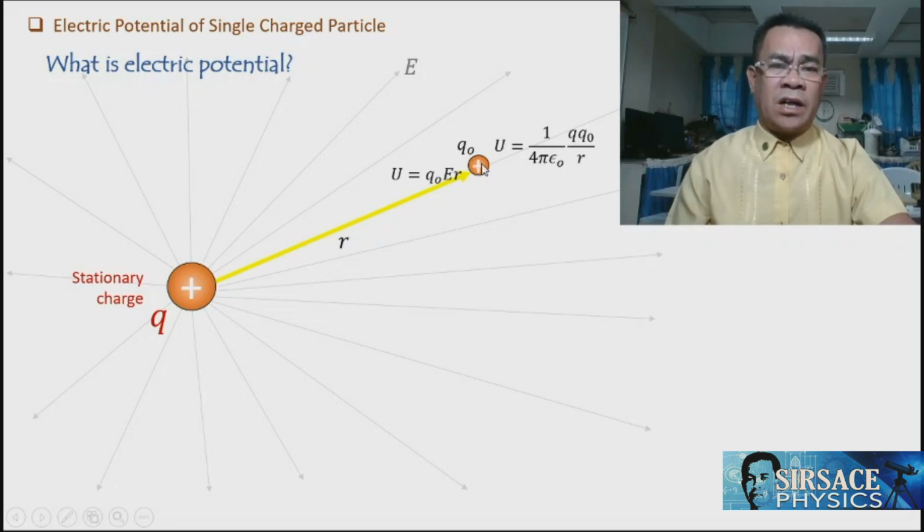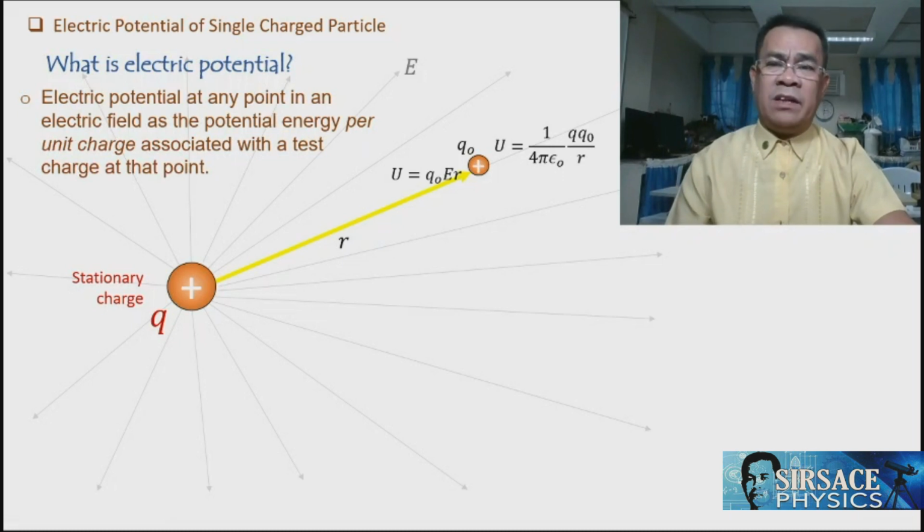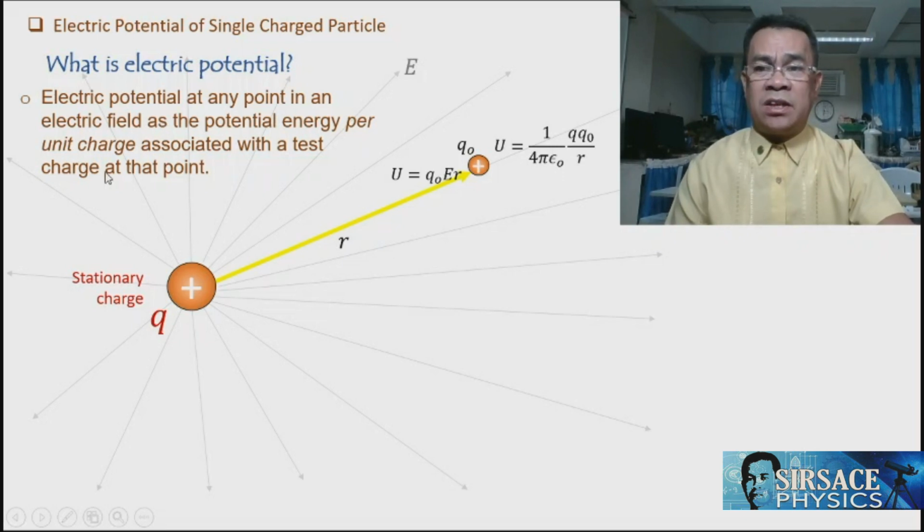In other words, we can calculate the force, we can provide the electric field, we can also provide the energy at that point, and we can calculate the amount of electric field at that point. But the question is, what is electric potential? By definition, electric potential at any point in an electric field is the potential energy per unit charge associated with the charge at that point.